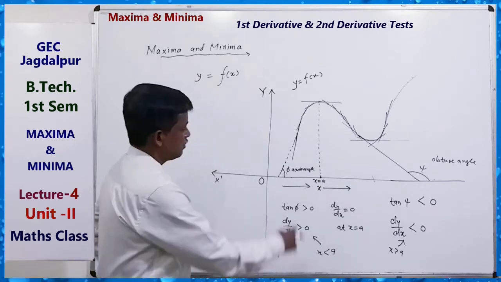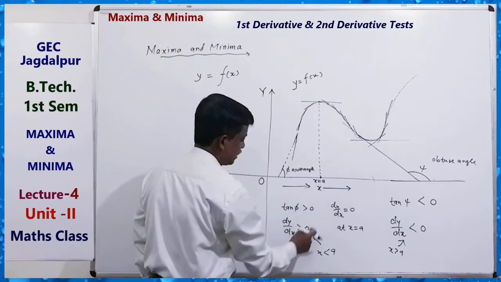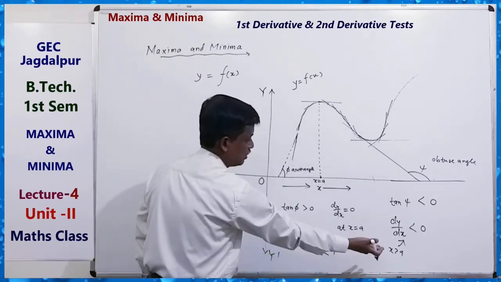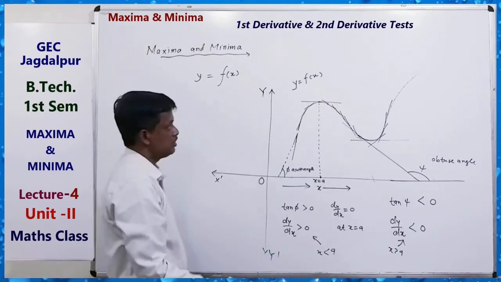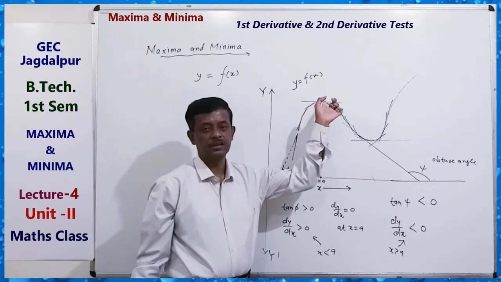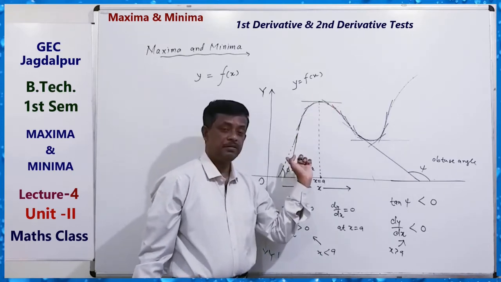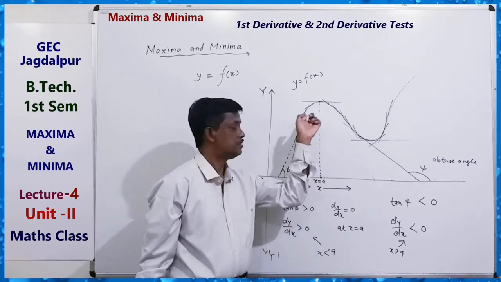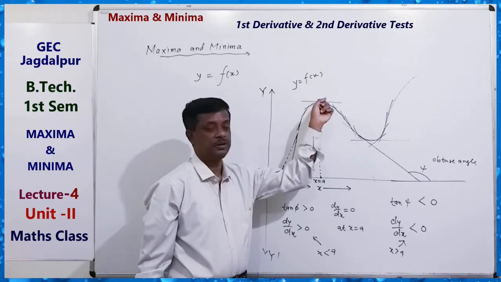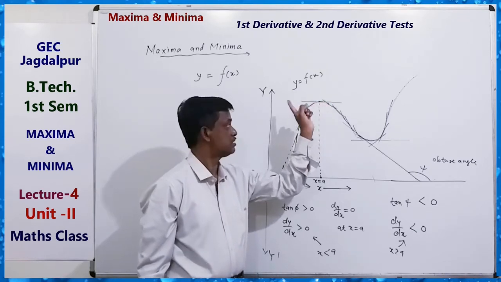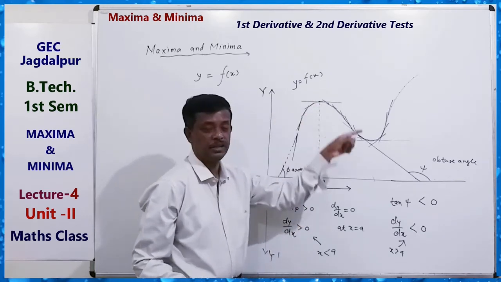Okay, here the derivative changes sign. In this direction the sign is positive, in this direction the sign is negative, and here it is 0. So here the function is stable, and the first derivative changes sign at this point, when x passes through the point a.